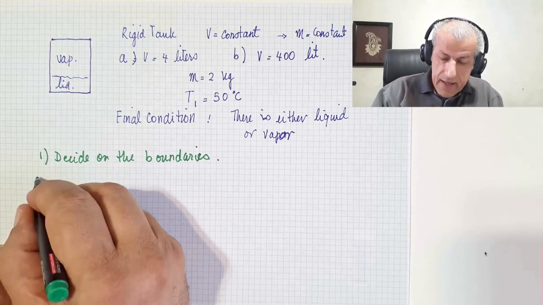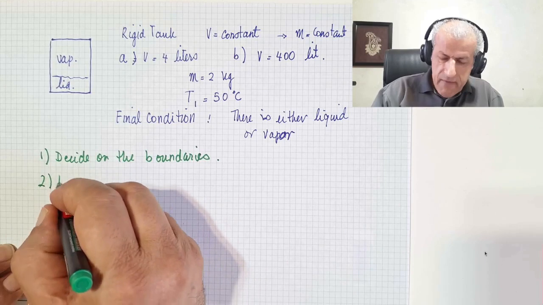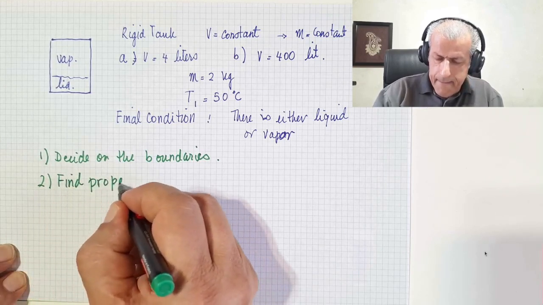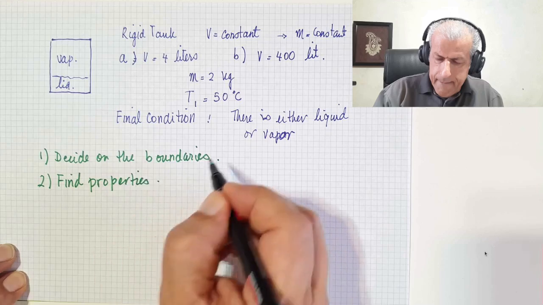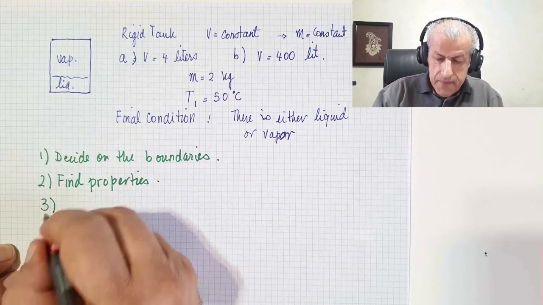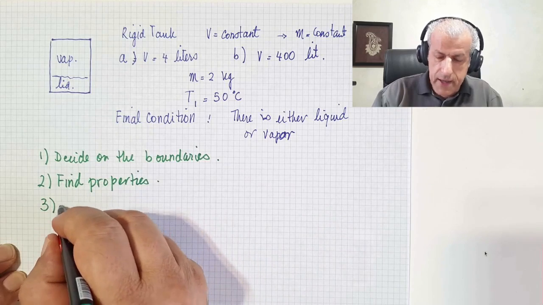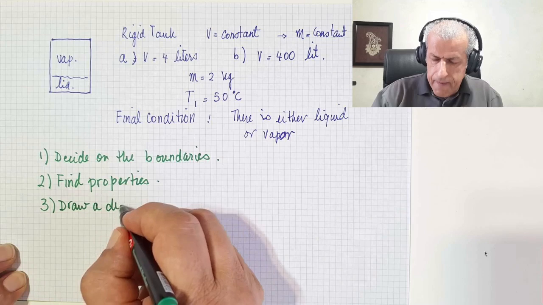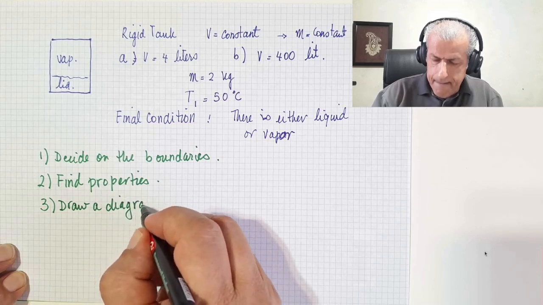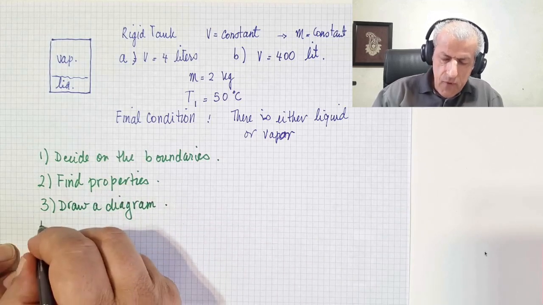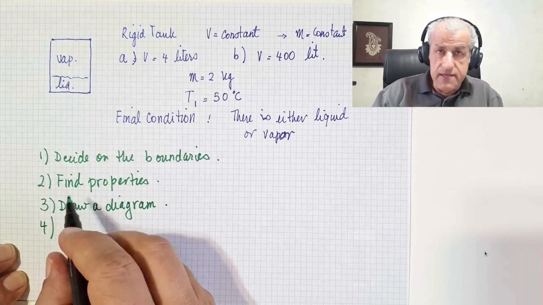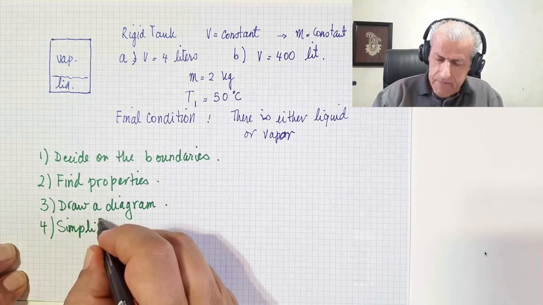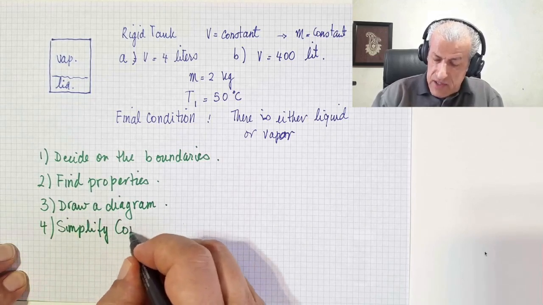Then 2, find fluid properties. 3, the third step is to draw a diagram. 4, simplify conservation equations.